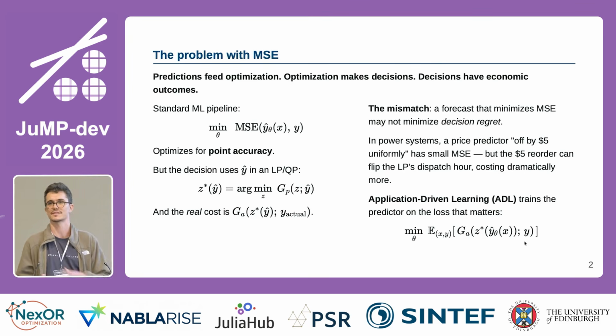So we're doing a bunch of things here. We're forecasting future values, making a decision based on those forecasts, then assessing the costs of that decision when the real values are realized, and usually the real values are different from our forecasts. Then we can really give the model some information about the application.